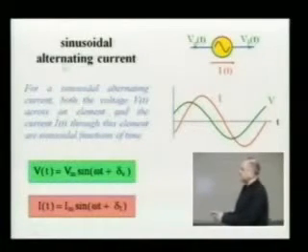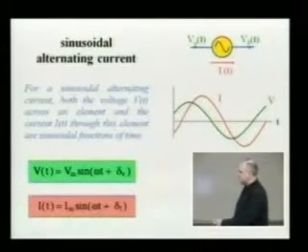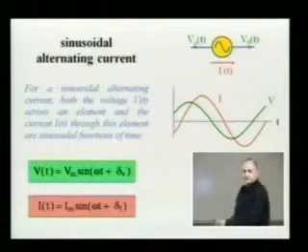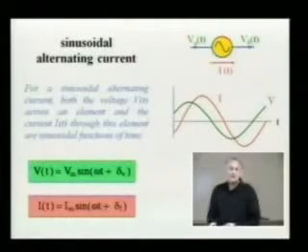And for sinusoidal alternating current, both quantities have the same form. Not only that, but the numbers in front of t in the potential difference and in the current have the same value.